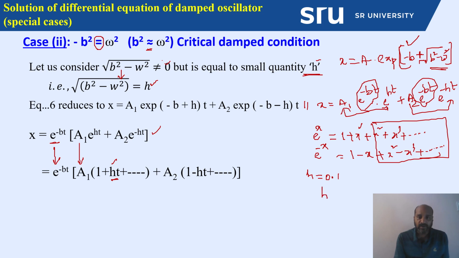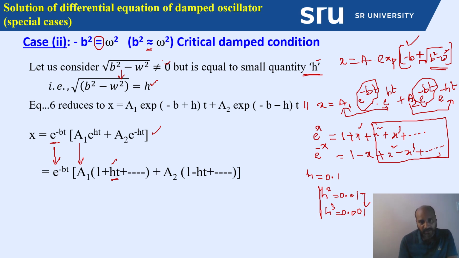Then this higher order h square will be 0.01 and h cube will be 0.001. See, as the order is increasing, its value is decreasing further. So the higher the order of h, the smaller will be its value. That's why we are ignoring this. So that's why we are taking only up to first order, right?